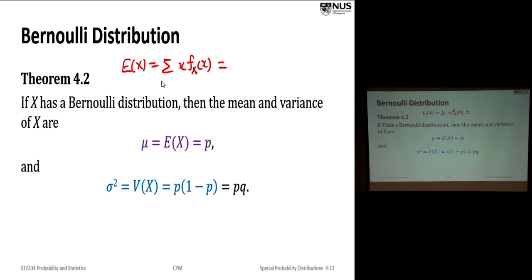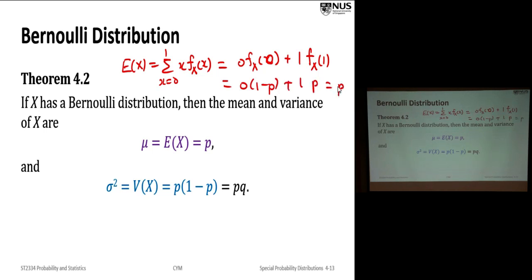In our case, x only takes two values, either 0 or 1. So it's 0 times f of x evaluated at 0 plus 1 times f of x evaluated at 1. So it's 0 times 1 minus p plus 1 times p. So of course the answer is p. So the expectation of a Bernoulli random variable is equal to p, the probability of getting x equal to 1.